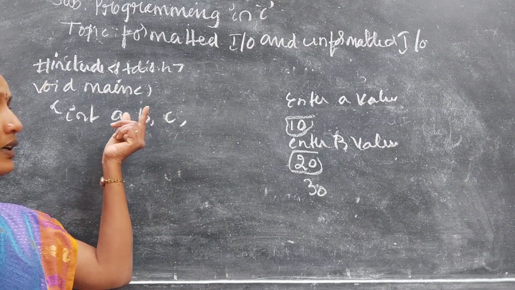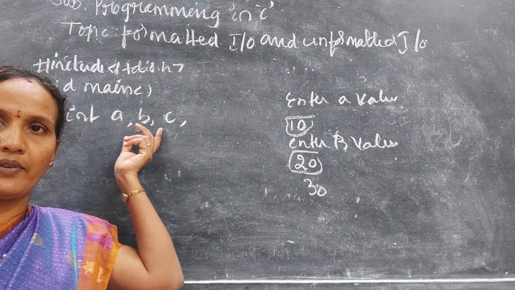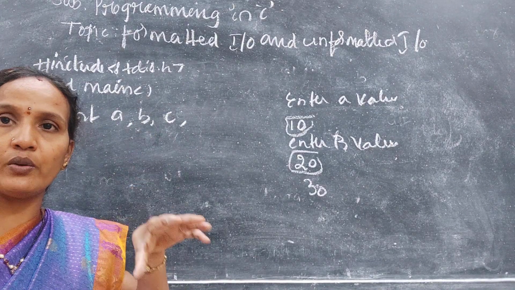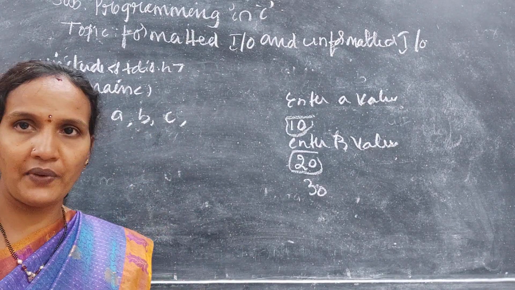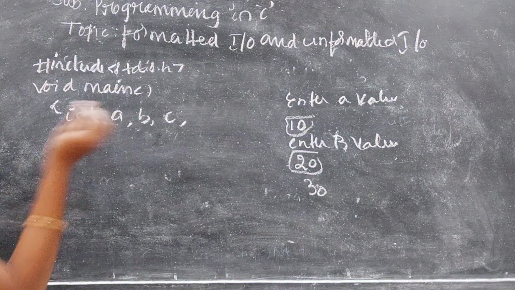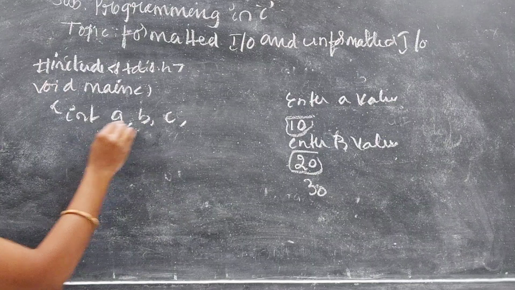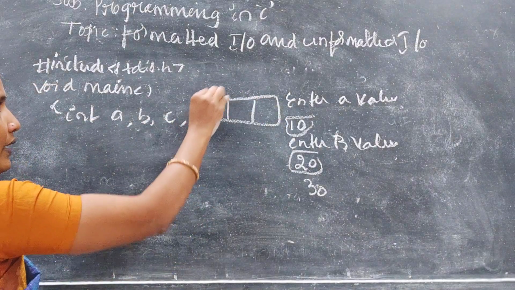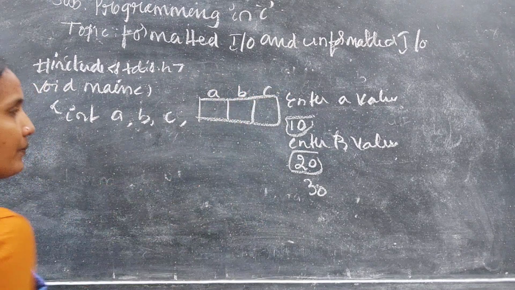Here in the declaration part I am not assigning a value. If you assign values at the time of declaration, the value of that variable is fixed. I don't want to fix the value, every time I want to give a new value. Now when you give this statement, in memory you will get 3 blocks A, B, C.